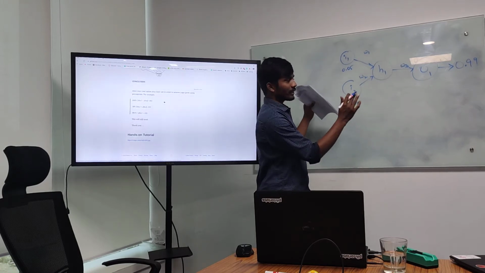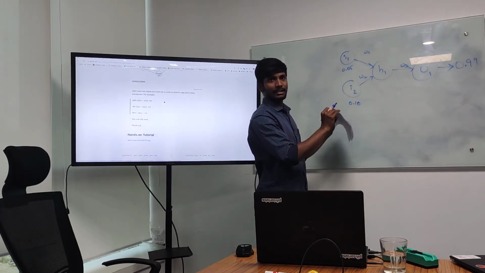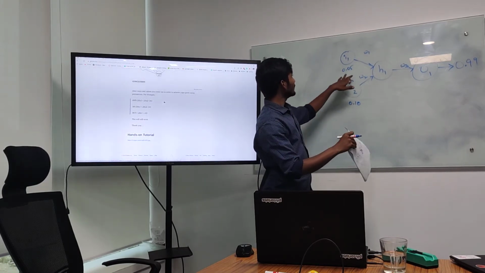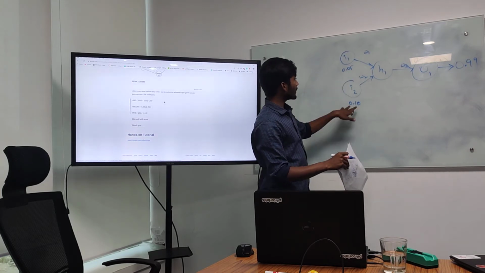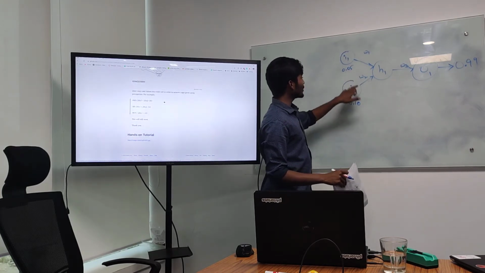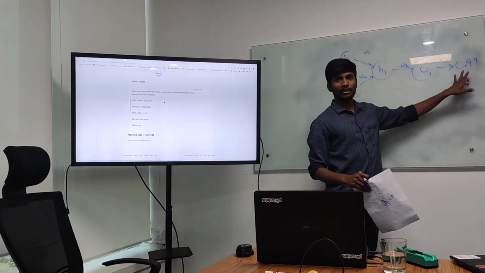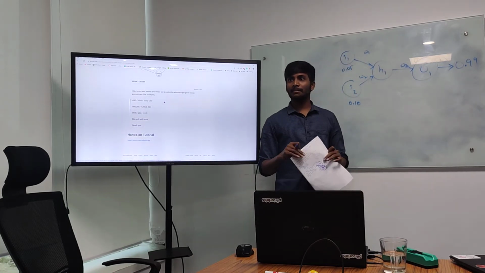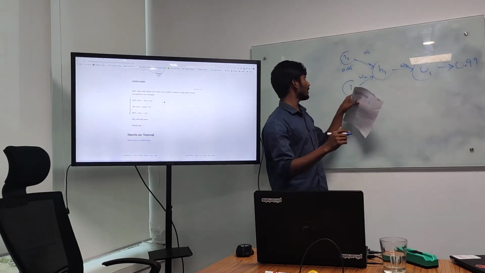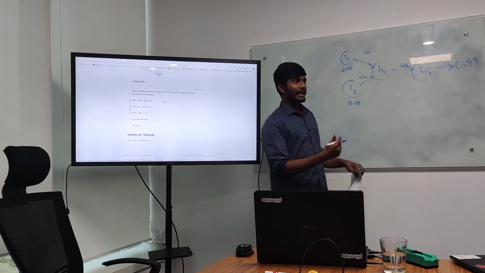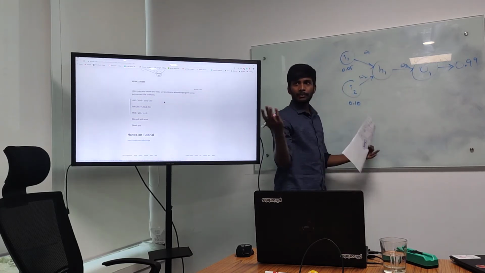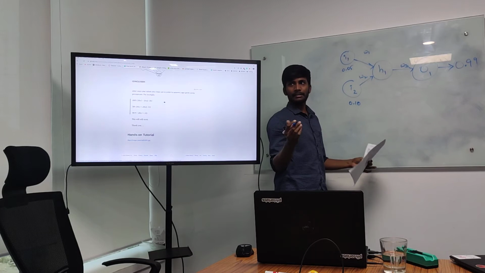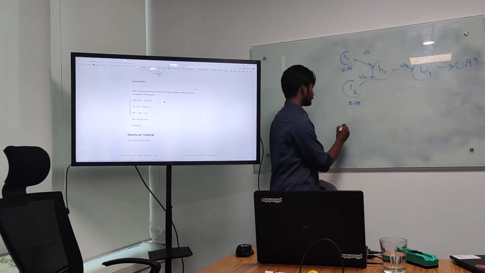For this example, for brevity's sake, I am taking 0.05, 0.10 as input and the output as 0.99. That's it. I'm not giving it multiple examples. I can generalize my perceptron for multiple data points, but here the data point is only one.